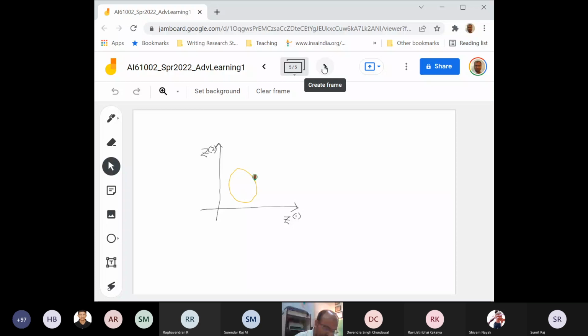Now, if this is the scenario, if we can impose a distribution model on Z, then we can generate images corresponding to randomly drawn samples.